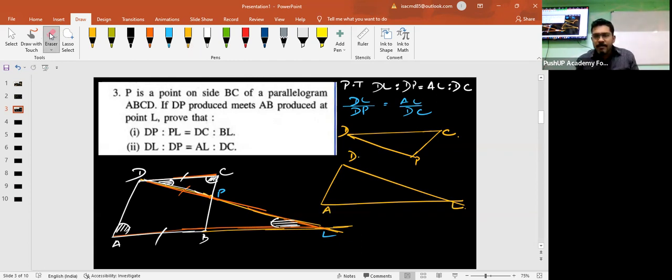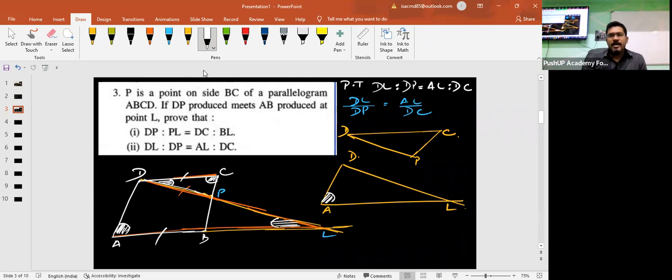Now, as mentioned in the diagram, children, you know this angle A and angle C, they both will be equal. Why? Because you know in a parallelogram, the opposite angles are always equal. So angle A will be equal to whom?